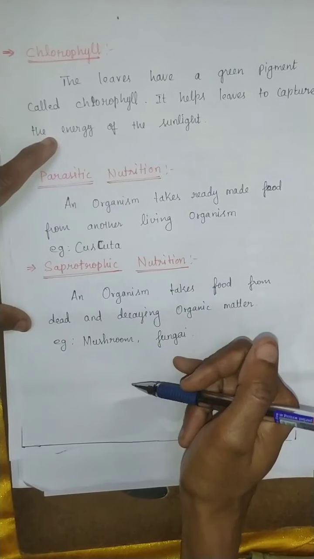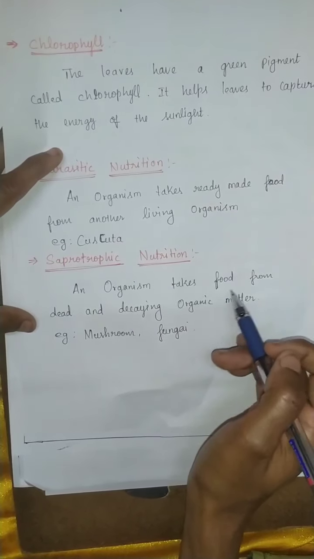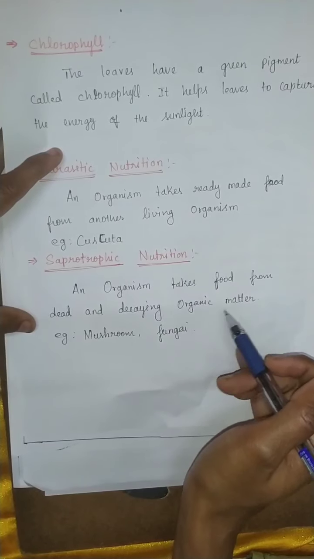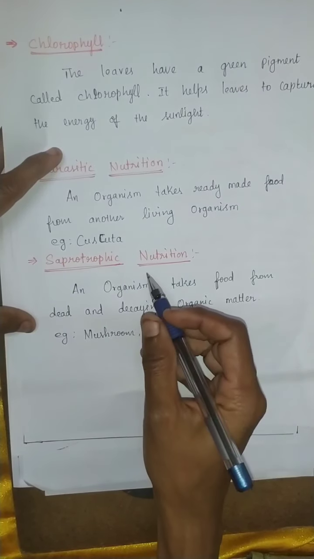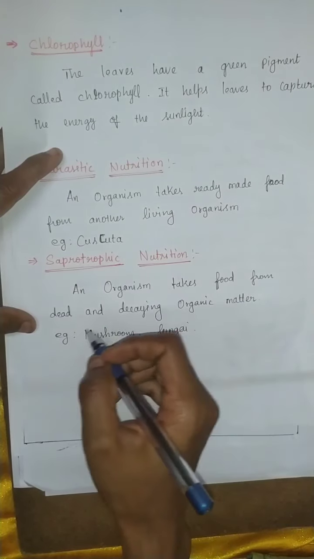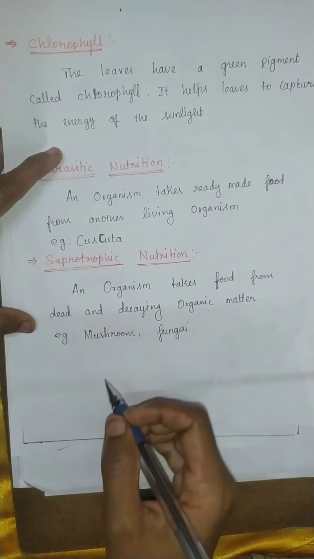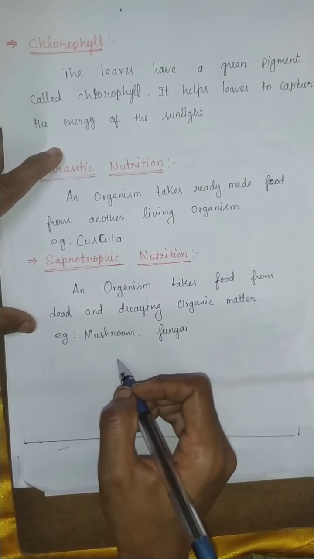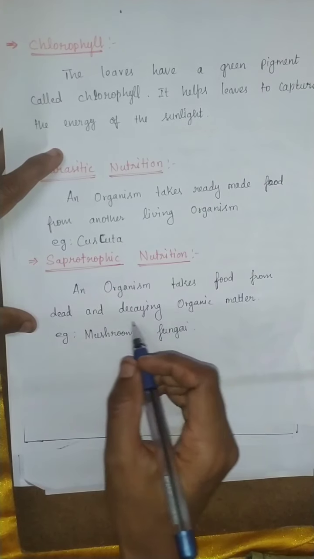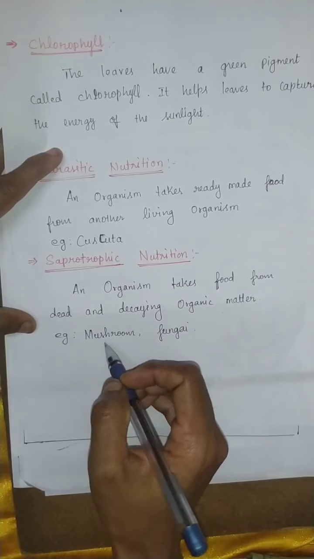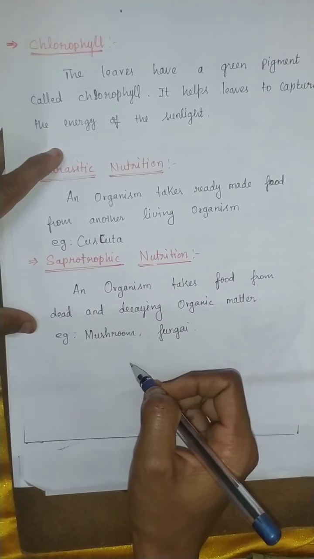What is saprotrophic nutrition? An organism takes food from dead and decaying organic matter, and organisms following saprotrophic nutrition are known as saprophytes. Here the mushroom and fungi follow the saprotrophic mode of nutrition, and they are called saprotrophs or saprophytes.